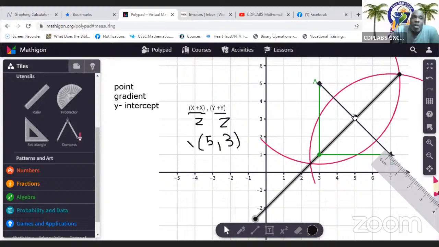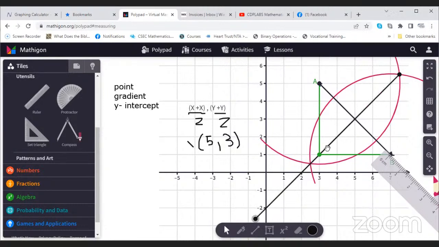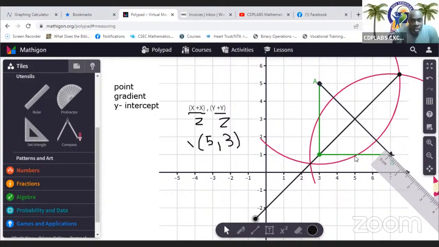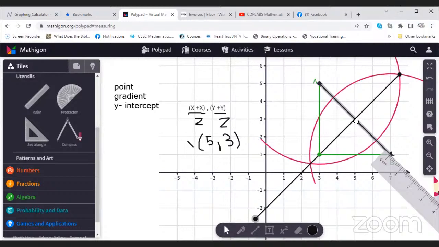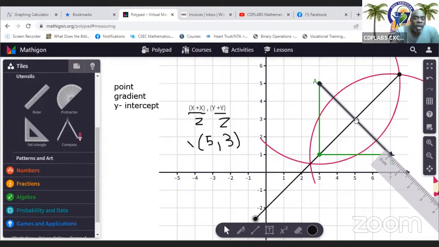If one is negative, the first one was -1, true? So I'm going to multiply that gradient by -1. -1 times -1 gives us what? Positive 1. And the gradient for this is positive because you're going to the right, you're going up. So it's positive. Make sense? So this gradient is positive 1.